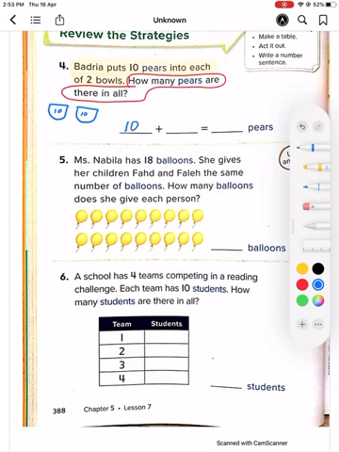So 10 plus 10 equals 20, because I have 10 here and 10 here, so 10 and 10 will give me 20. Good. Now let's go to question number 5.